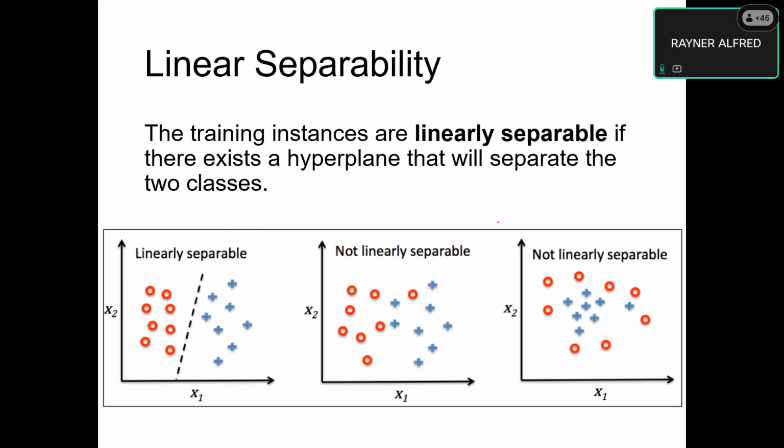Okay. So this is the example of linearly separable. We have this one is good. This one is not linear, because if we try to draw a line, it is impossible for us to draw a line. This is also impossible for us to draw a line that will separate positive and negative.